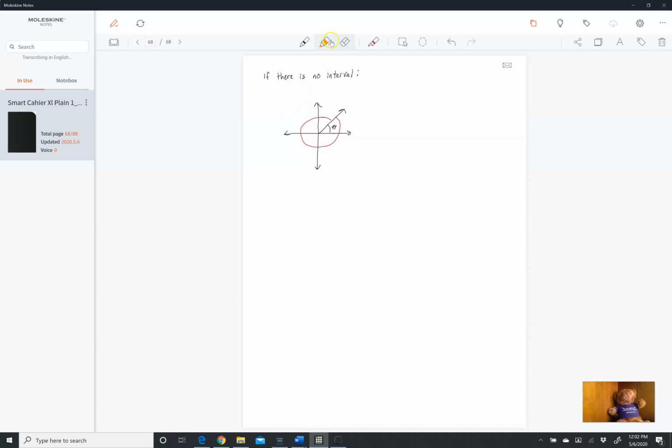Okay. You also want the angle if you were to keep going. So you want that angle too. These are all the same angle. Okay. So you want that angle too. You want the angle if you were to go around a third time. If you were to go around a fourth time, a fifth time, an infinite number of times.